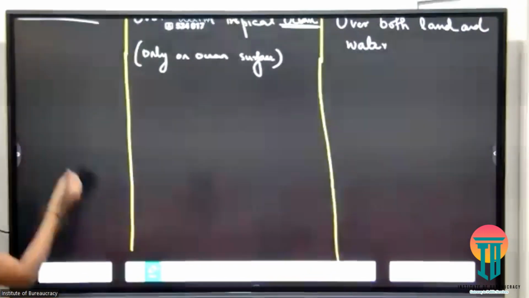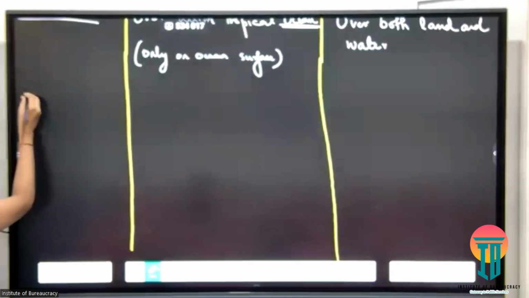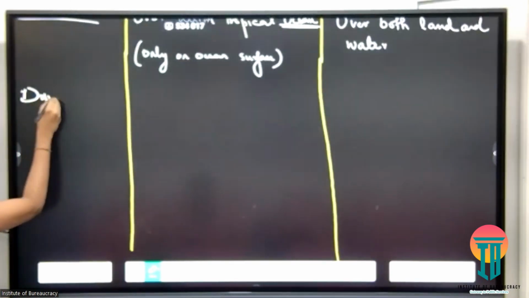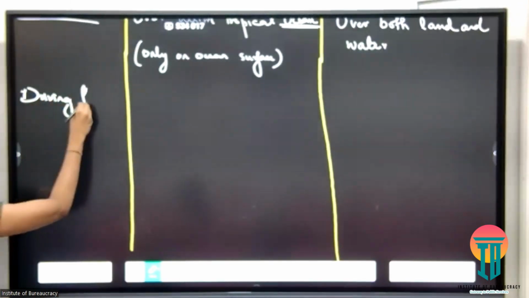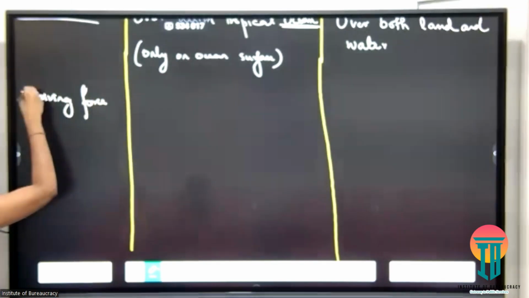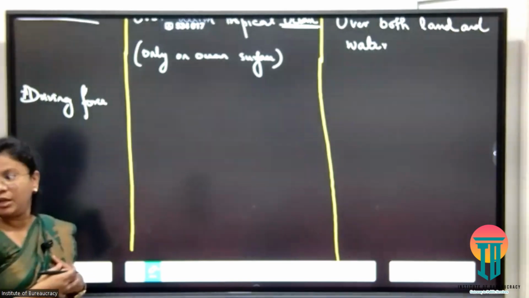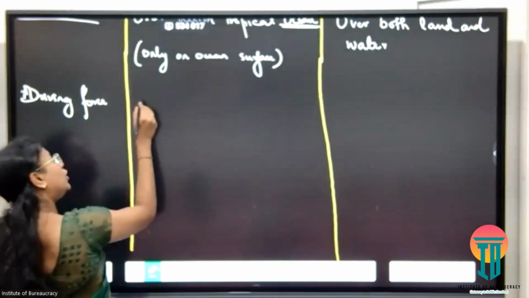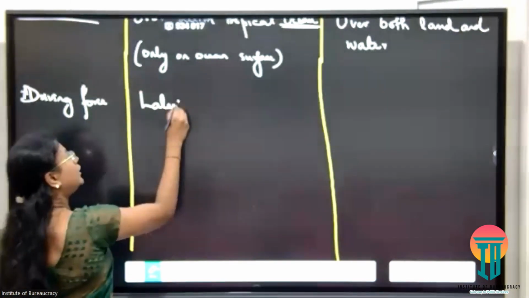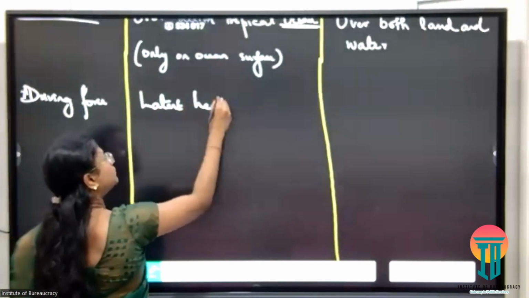Okay, the next important criterion is the driving force. Which force makes them sustain or which force strengthens them? In the case of tropical cyclones, it is the latent heat of condensation.